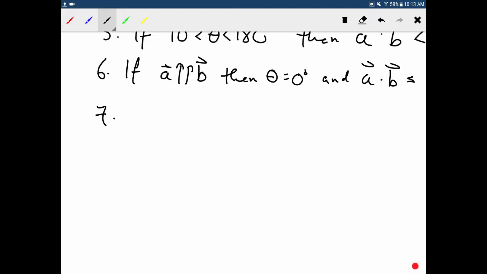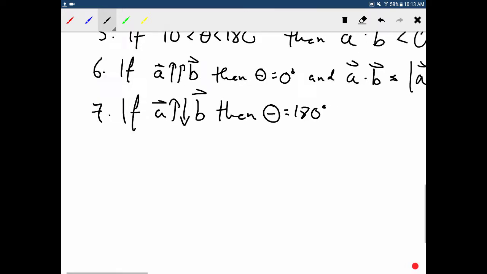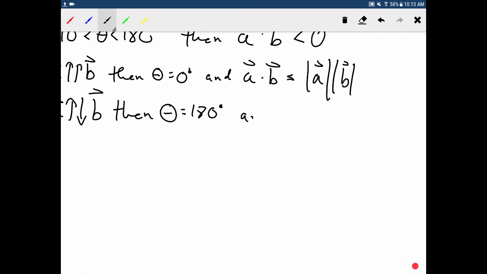Number 7. Again, we get two collinear vectors, but this time they're going opposite directions. Then we would describe theta as being 180 degrees. And thus, when we take cosine of 180 degrees, it would be negative 1.